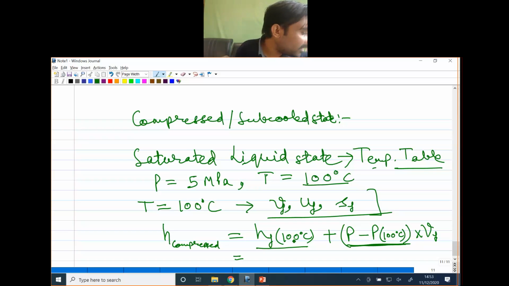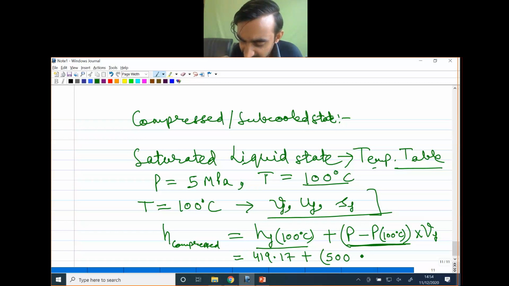So this term over here will include the effect of pressure. You can clearly see, corresponding to hf at 100 degrees Celsius, we have a magnitude of 419.17, plus we have a pressure of 5 megapascals.